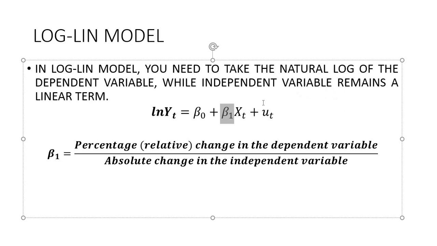This means that if x increases by 1 unit, so let's say if x stands for GDP expressed in billions, if x increases by 1 billion and if beta 1 is equal to 5, then y, the dependent variable, will increase by 5%.